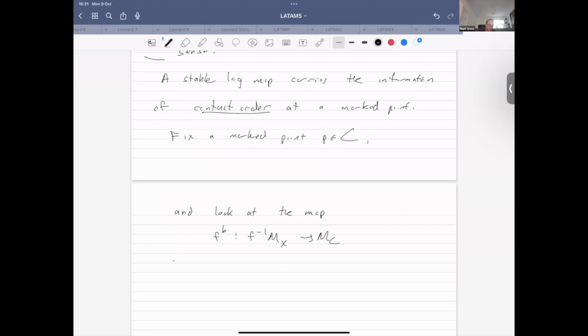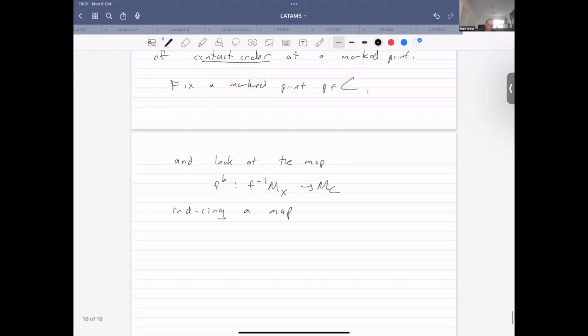And this induces a map, which we'll also write as F bar flat, from the stalk of M bar X at F of P to the stalk of M bar C at the point P. And this, recall, is the same as M bar W at pi of P, that was what was plain Q in my example, plus N. So we have this extra N factor.